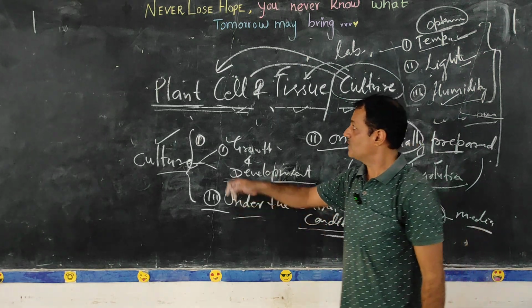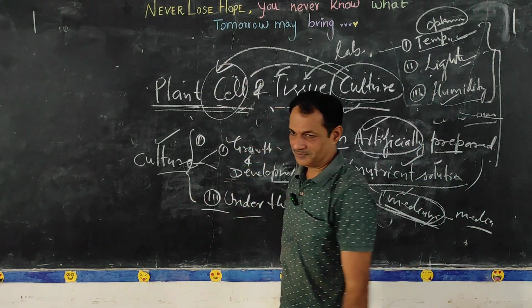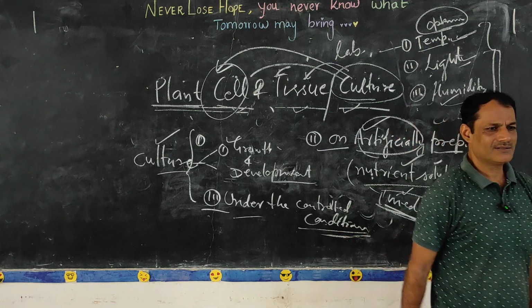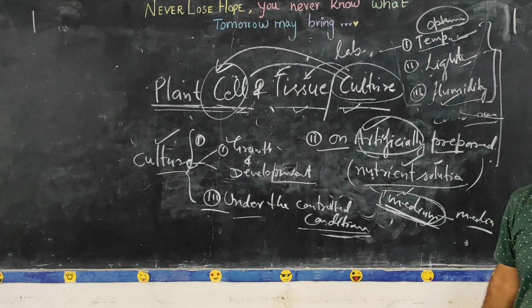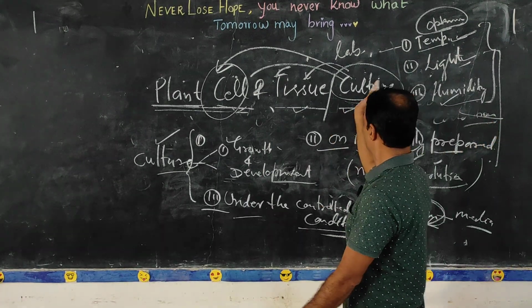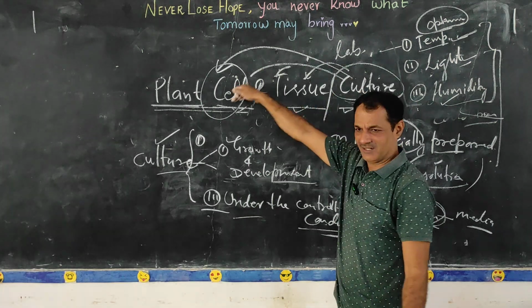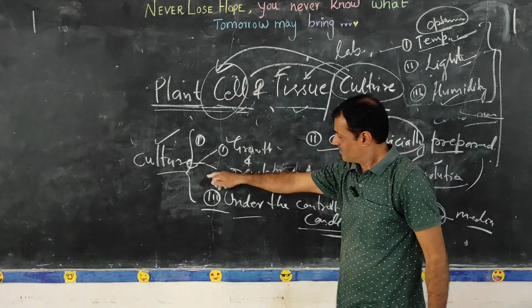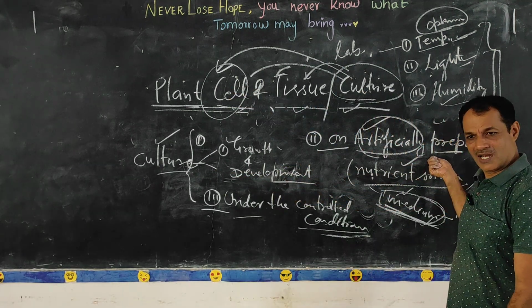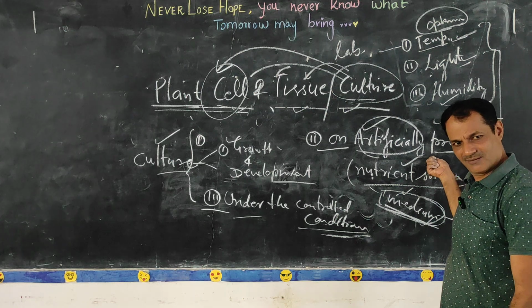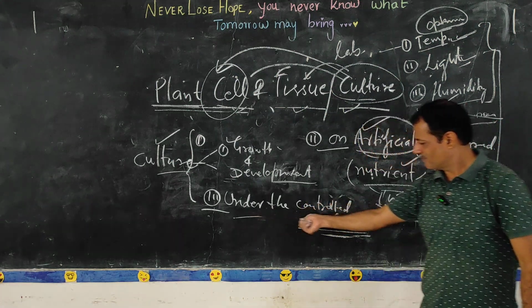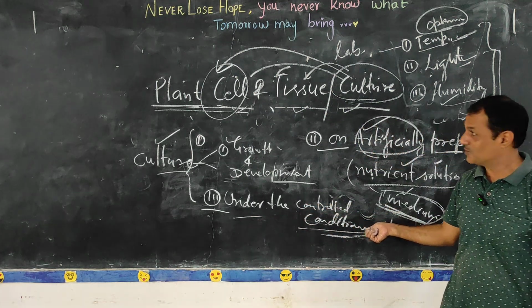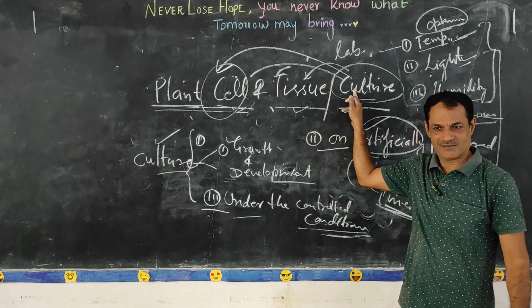Sometimes they can ask what is cell culture. Then what can be the definition? Simple, no? The growth and development of plant cell on artificially prepared nutrient solution under the controlled condition. That is called plant cell culture.